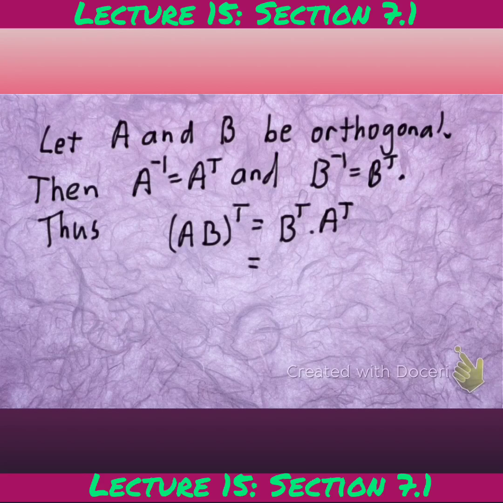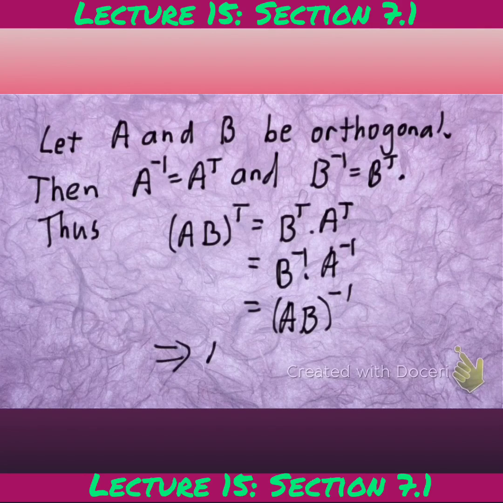That is B inverse A inverse. We know that if A and B are invertible matrices, which they clearly are, then by chapter 1 that becomes A times B's inverse, which implies that A times B is orthogonal.